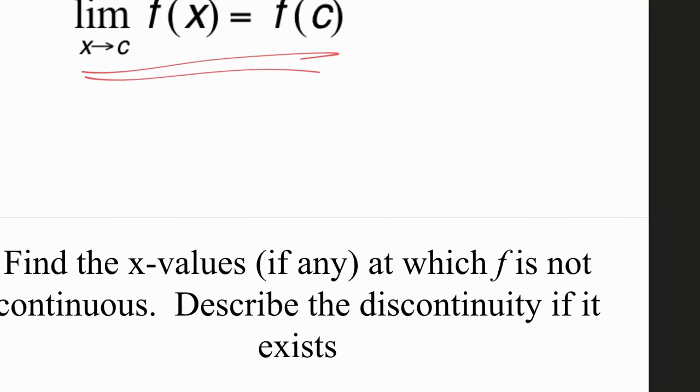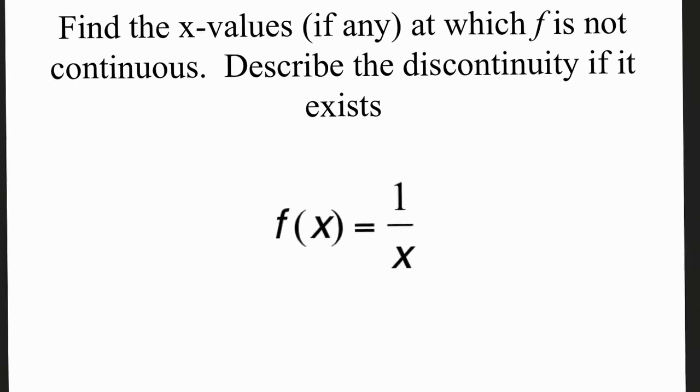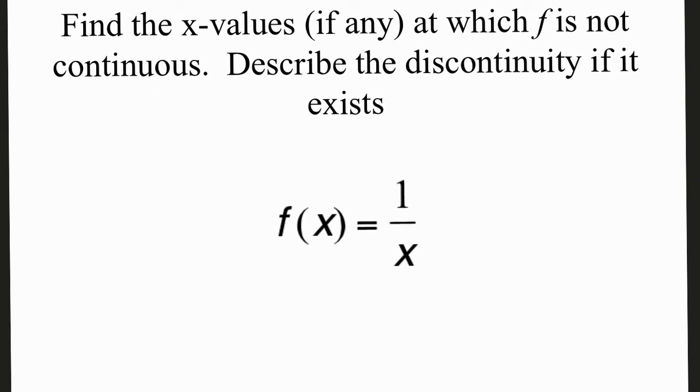So that being said, this says find the x values, if any, at which f is not continuous. This is going to sort of depend on you remembering at least even vaguely what these pictures look like. I'm not saying you have to be able to draw a perfectly accurate graph, but I'm hoping based on the fact that you have an x in the denominator that you know that there is an asymptote right here where x equals 0.